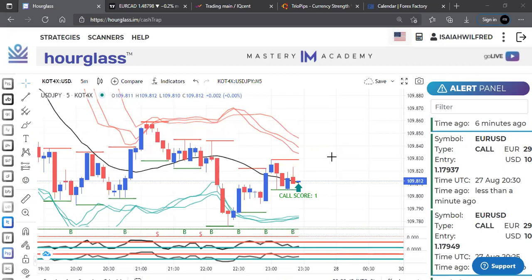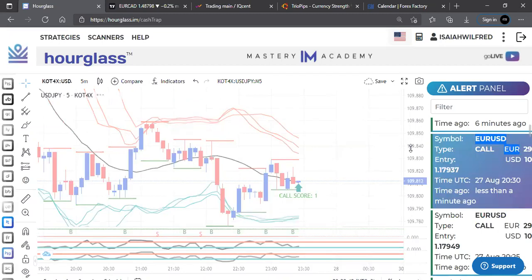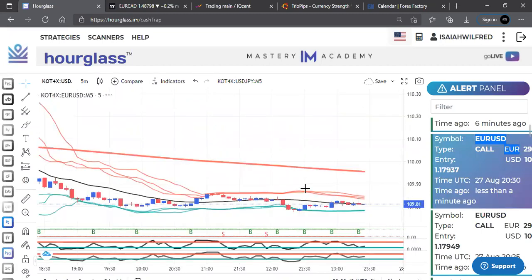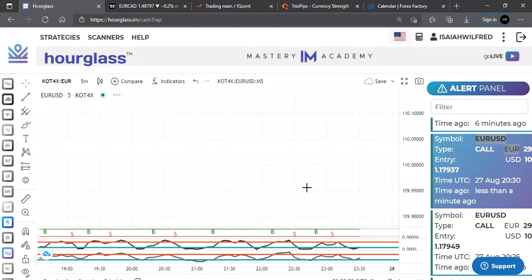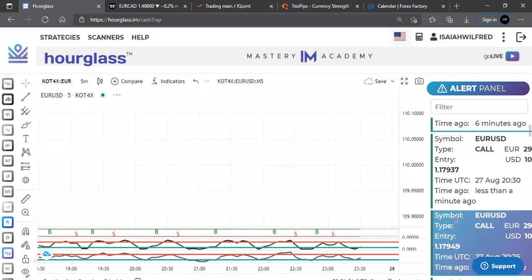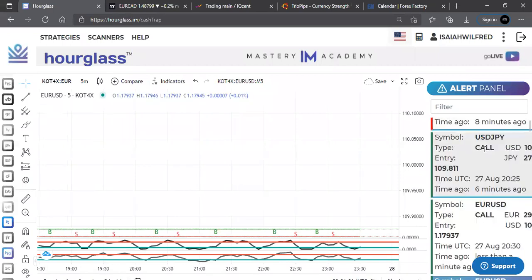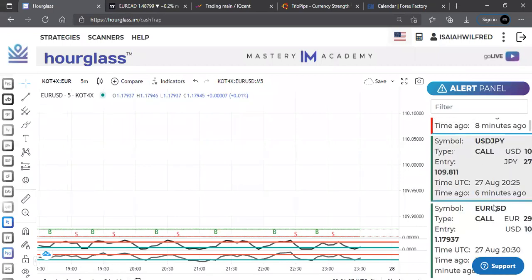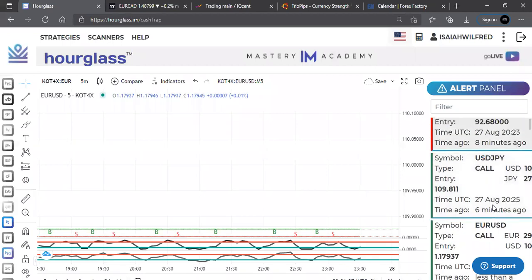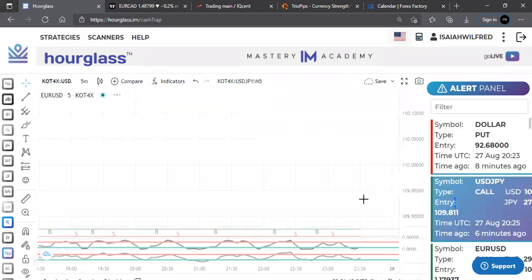Now, let's consider this. Let's consider Euro USD. Simple. People should be able to catch it. It's very, very simple. The explanation I'm doing now, it's so easy to understand.